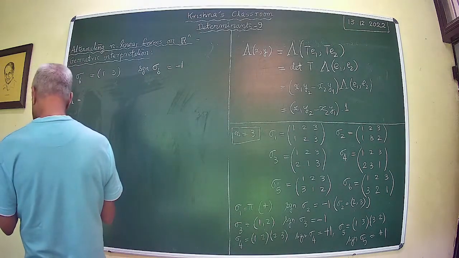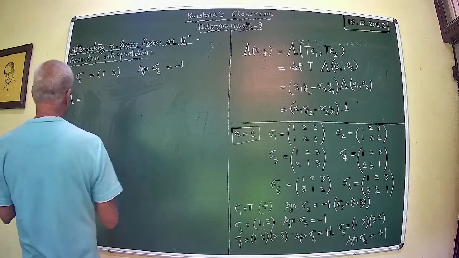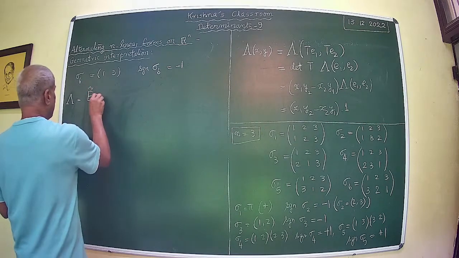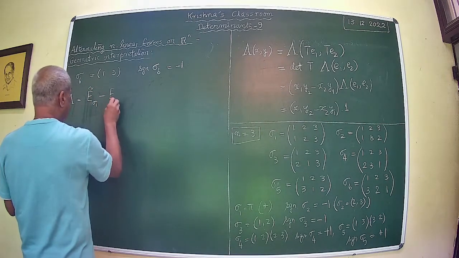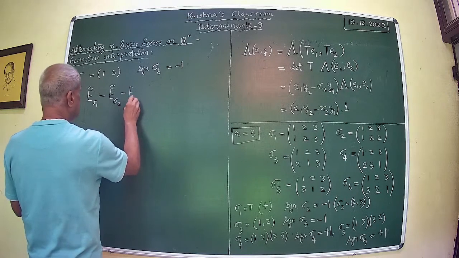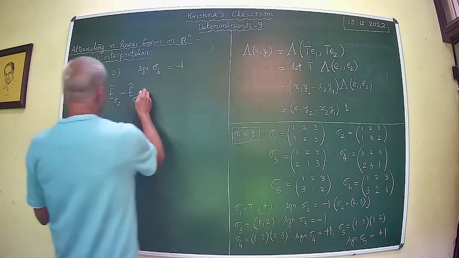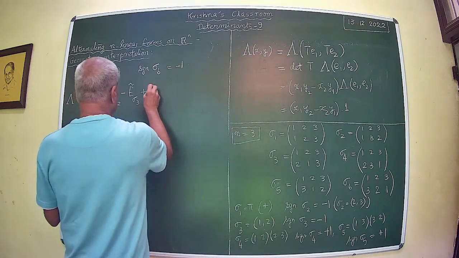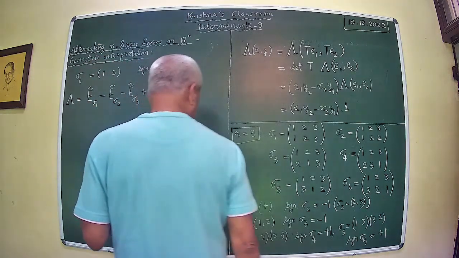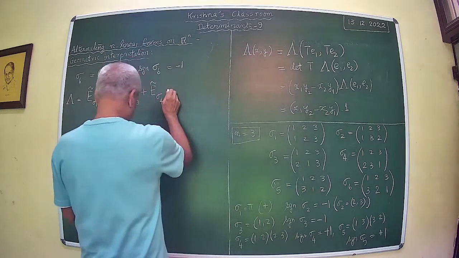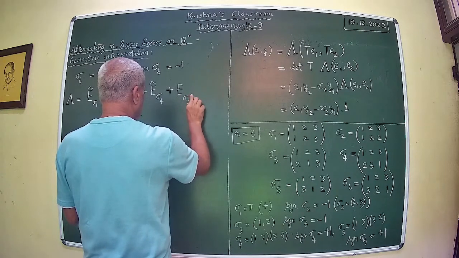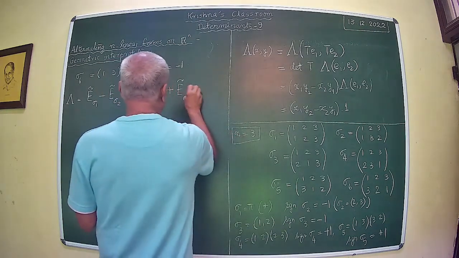Therefore, using this, one can write lambda in this way. This is 1, 2, 3. E sigma 1 tilde minus E sigma 2 tilde minus E sigma 3 tilde plus E sigma 4 tilde plus E sigma 5 tilde minus E sigma 6 tilde.